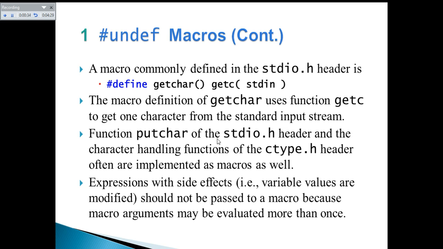So you have defined this function getchar, which is a macro function, and it is using the function getc. getc is used for getting the input from the standard input stream. So you can understand from the definition that getchar is a macro function defined using the standard function getc, which is getting a single character from the standard input stream.